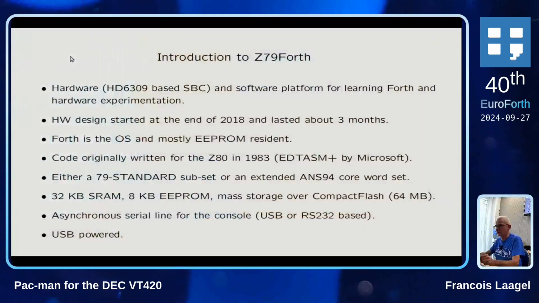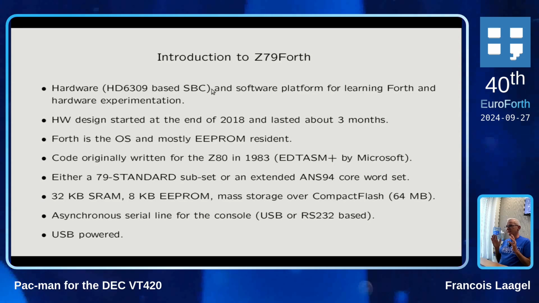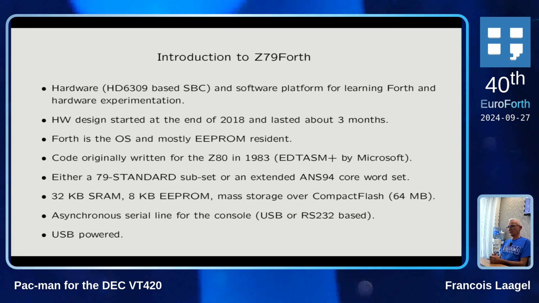So I want to talk about this target platform, which is called Z79 Forth. It's based on a derivative of the 6809 by Motorola. The name Z79 Forth covers both the hardware and the software. I started the hardware design in 2018, and after 3 months I had something.